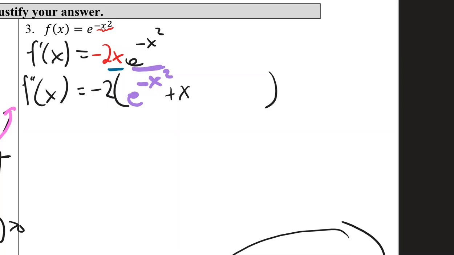In fact, it's right here. I could just steal my work there, but that needs an e to the negative x squared times chain rule, so times a negative 2x, and there was already one x there, so that makes that an x squared.